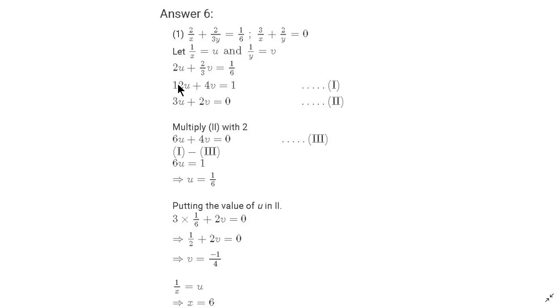By multiplying by 6, it becomes 12u plus 4v is equal to 1, right? So these are the equations we got after substituting.